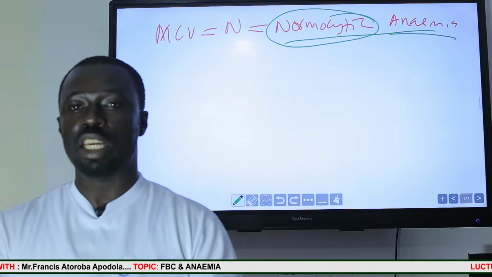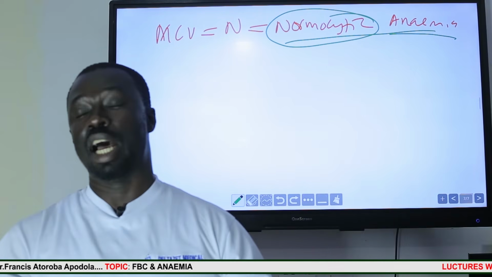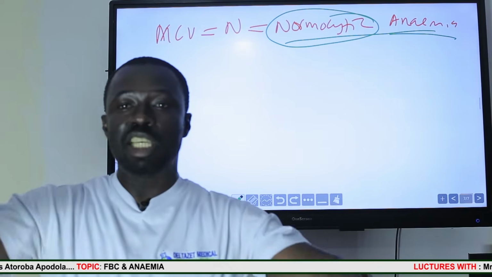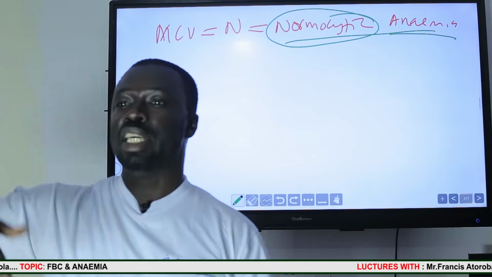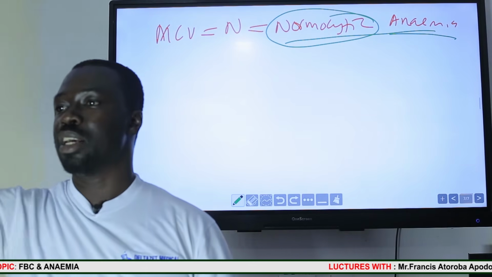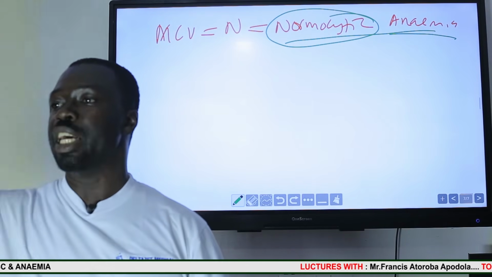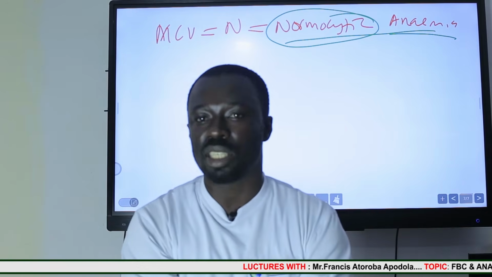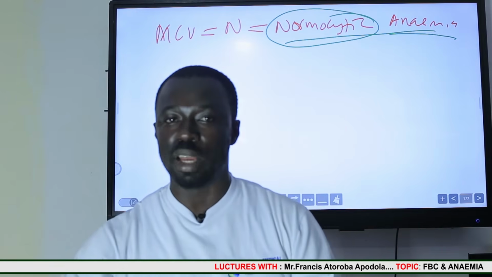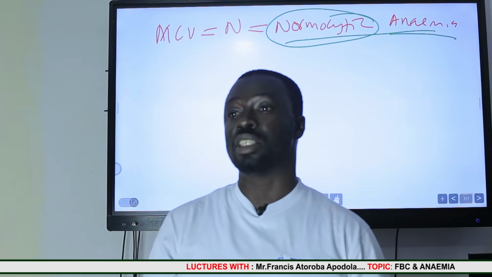Are they enough? No, they are low. Then that is anemia. So when anemia is attached to normocytic, it means that in terms of numbers, your red blood cell count is low, or the Hb value of the patient is what? Low. But in terms of size, even though you have anemia, the sizes of the red blood cells are normal.